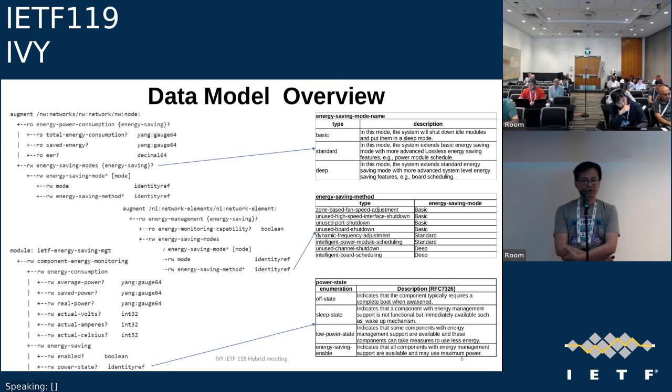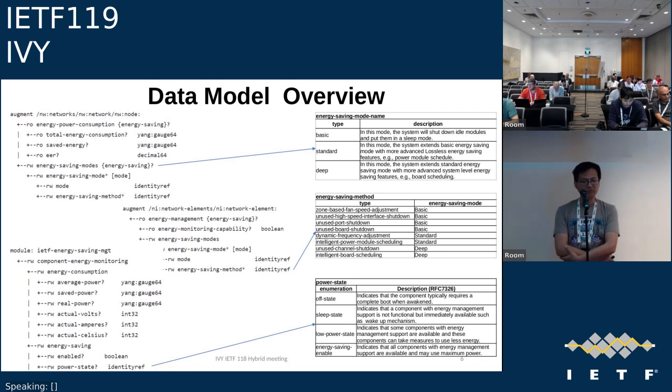You can see the energy saving mode and energy saving method can be seen as capability. We include this at the node level in the network topology model, but also at the node level in the network inventory model. In addition, we introduced an energy efficiency ratio parameter, so we can report this device level energy efficiency ratio.